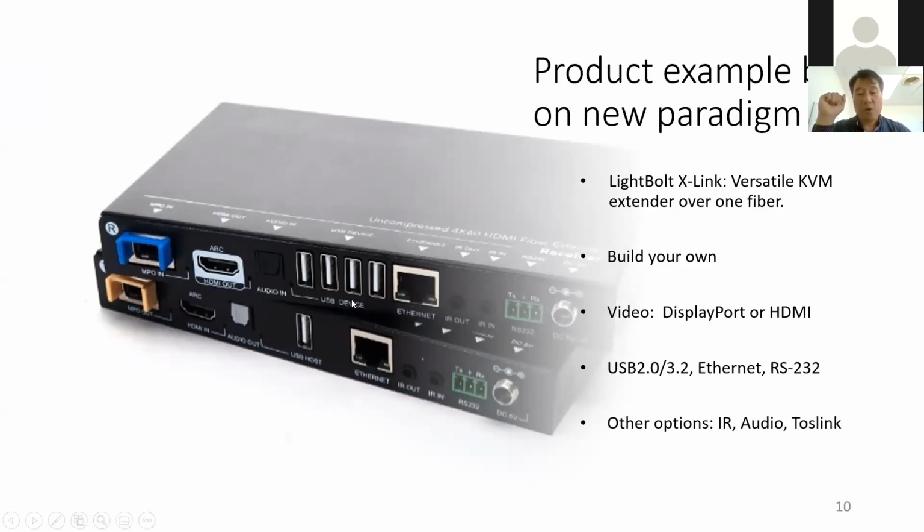You can add multiple USB ports or Ethernet if you desire, RS-232, and other options. You can add audio or Toslink. So you choose what you want, and you can have the all-in-one, mainly for KVM applications, but it's over MPO-based fiber optic cable.